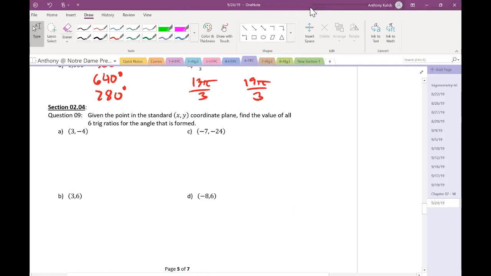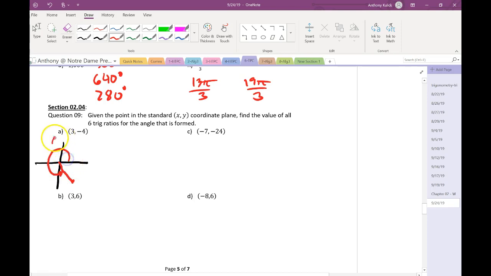Okay, next up, it says, given a point in the coordinate plane, find all 6 trig ratios for the angle that's formed. So I'm going to start by sketching a picture of where this point is. So 3, negative 4 is somewhere down here. This is the terminal side of my angle.